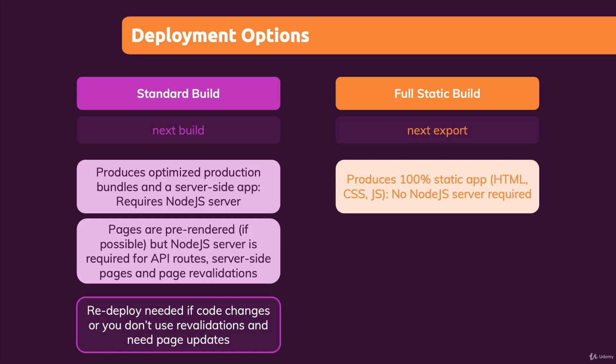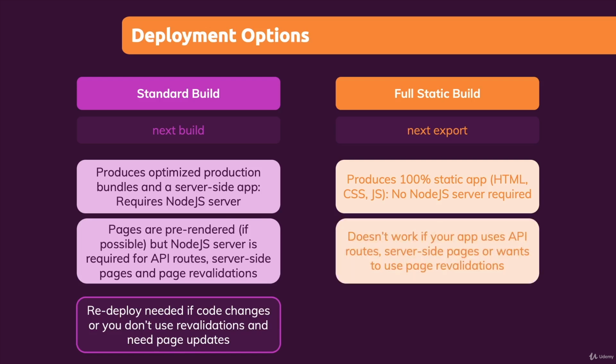Since it spits out a 100% static app, there are certain things, certain Next features, which you just can't use in such an application. For example, you can't use next export if your site relies on API routes, on server-side pages with get server-side props, on page revalidations, or if you have static paths with fallback set to true or blocking.